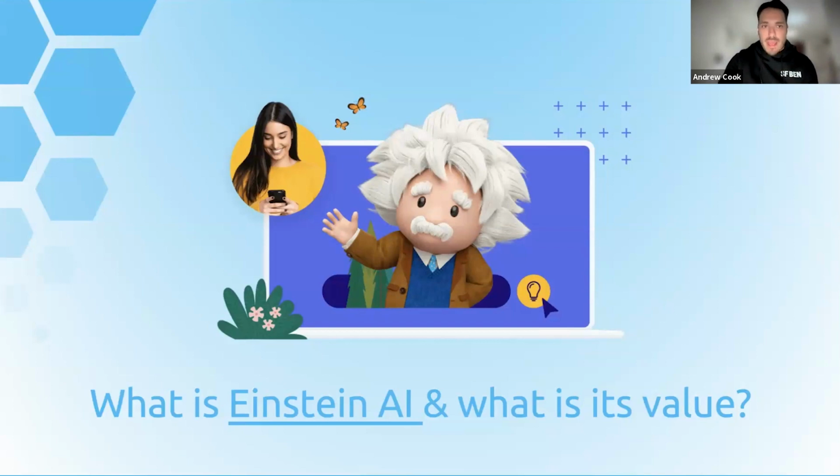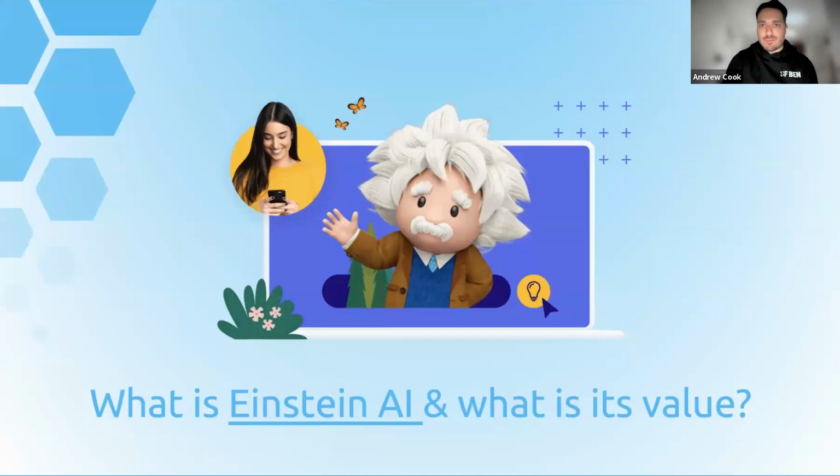Data is really essential for preparing for Einstein AI, which is why we're all here. The Einstein models are trained on data, so the quality and quantity of your data will have a direct impact on how well the models perform. So that's what Einstein AI is.